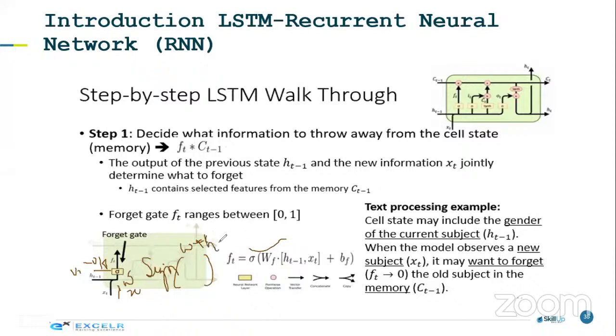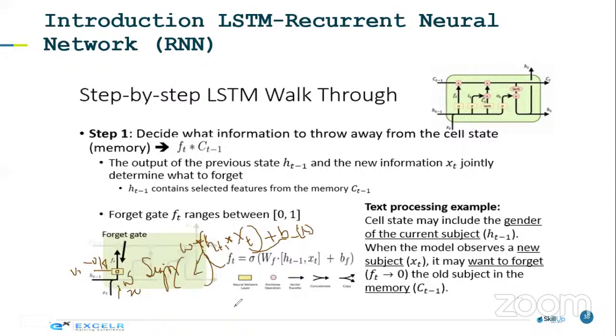That is h t minus 1 with x t, and there is also a bias, some sort of constant number. This I am passing into the sigmoid function.